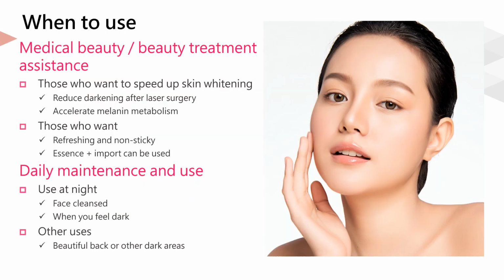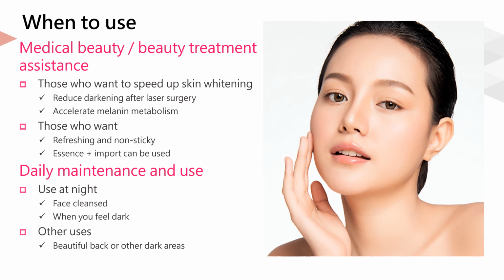So when can we use our glutathione essence? As mentioned in this PowerPoint slide, we can use it to help speed up skin whitening. We can use it after laser surgery to help reduce darkening and help melanin metabolism happen faster.